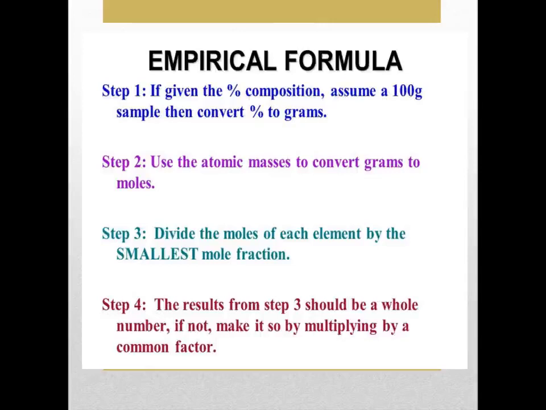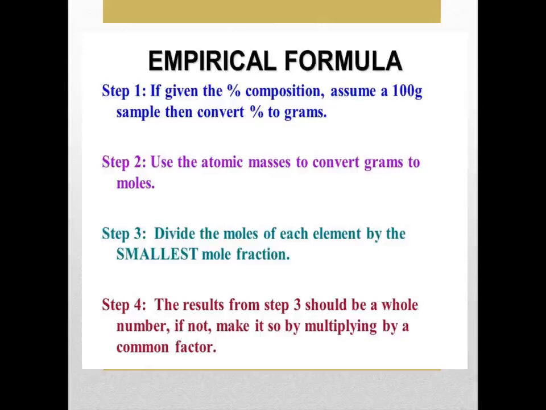If the percentage composition is given, then you assume a 100 gram sample, and the percentage values of individual elements become mass in grams. Convert the percentage to gram. That is the first step.